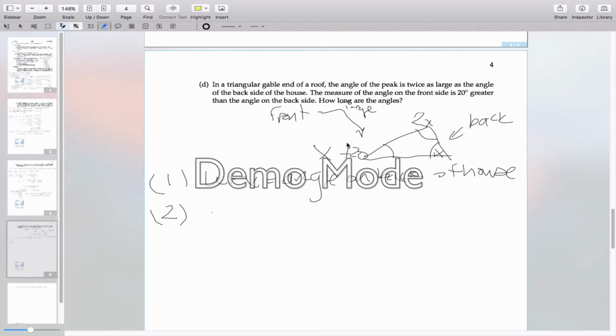So we know that the sum of the interior angles of a triangle must be 180 degrees. x plus 20 plus 2x plus x has to be 180 degrees.